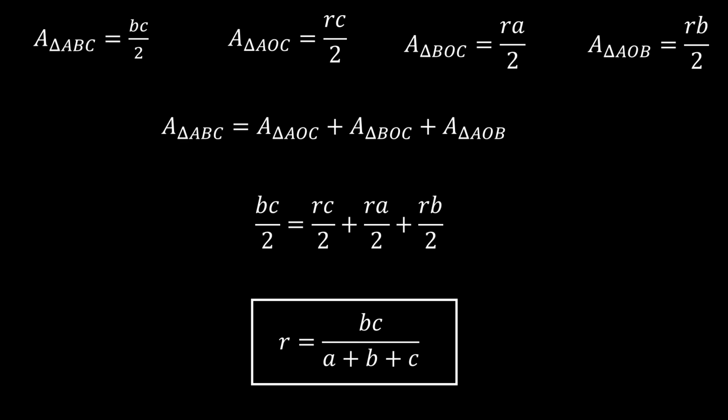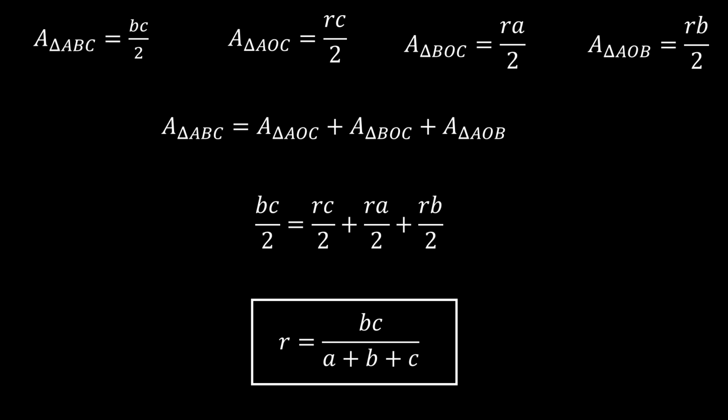On this slide, we bring all the pieces together. First, we recall that the area of the main right triangle, ABC, equals 1/2 times B times C. Next, we saw that the area of triangle AOC equals 1/2 times r times C, the area of triangle BOC equals 1/2 times r times A, and the area of triangle AOB equals 1/2 times r times B. Now we write the equation: the area of triangle ABC equals the sum of the areas of triangles AOC, BOC, and AOB.